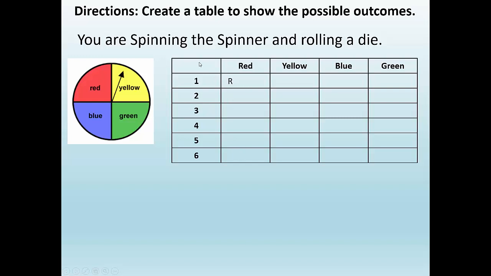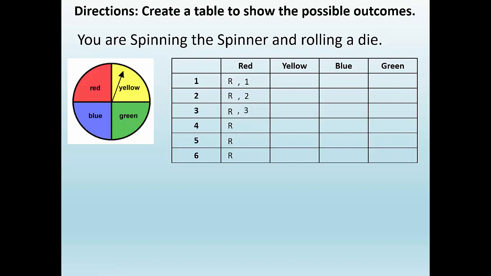So notice, first column, all of those outcomes are going to end up with a red in their outcome. My first outcome up here is going to be red, but it's also going to be 1. So we end up with a red 1. My second outcome, a red 2.